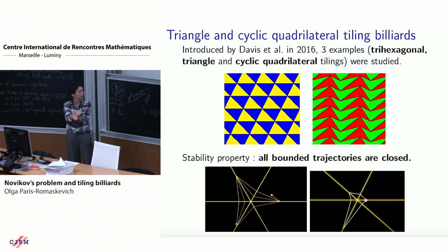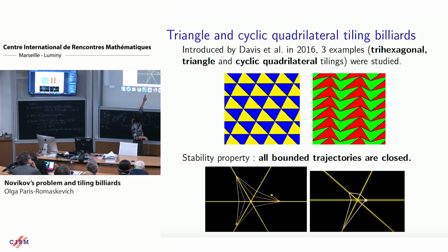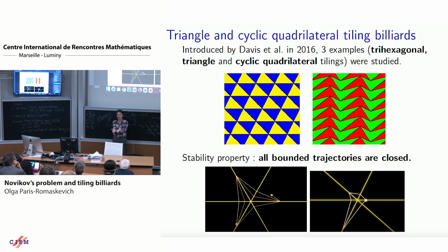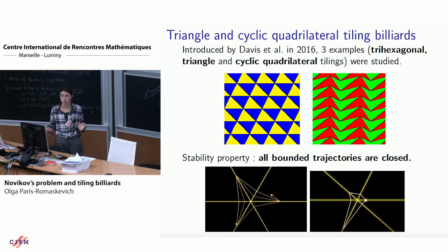Because you can color your tiling in 2 colors, yellow and blue, and all the yellow triangles will go left, and all the blue triangles will go right. So the condition for the neighborhood to be folded is that the sum of the blue angles around the vertex is equal to the sum of the yellow angles around the vertex, and it's true in this case. So this local foldability property implies that the folding is well defined, not only along trajectories, but globally.